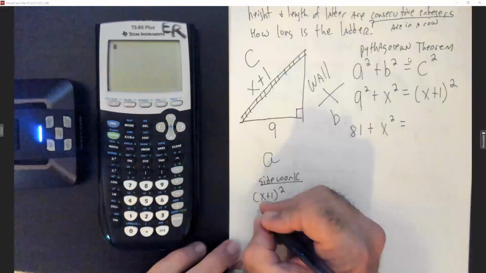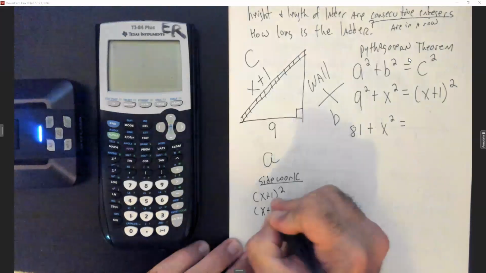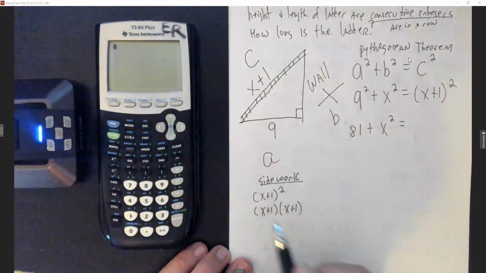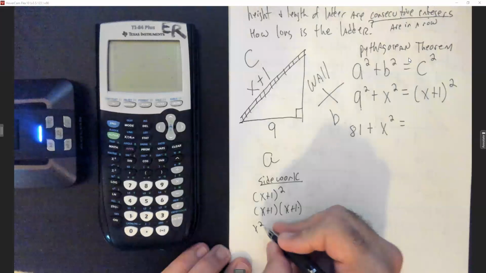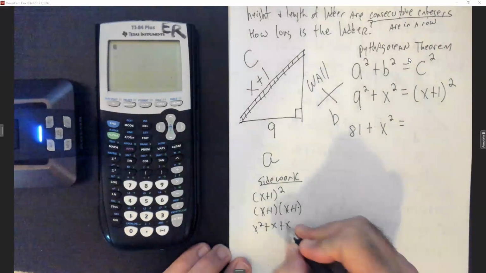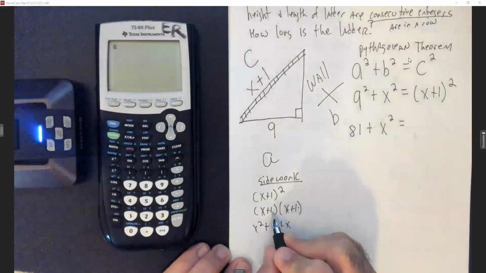I would write that twice, and then I'm going to FOIL that. So x times x is x squared. x times 1 is 1x. 1 times x is 1x. 1 times 1 is 1.